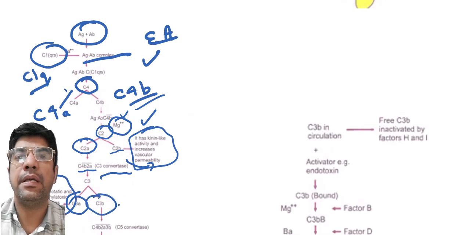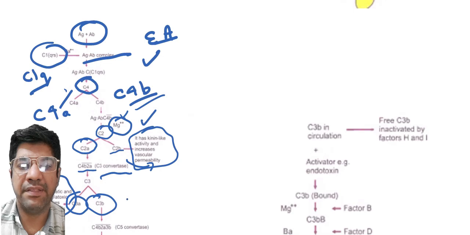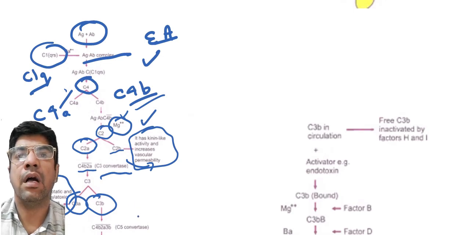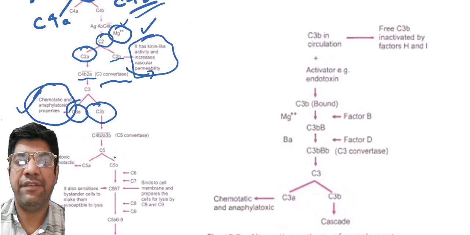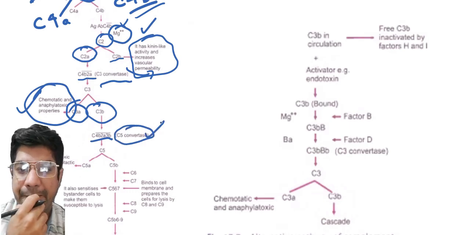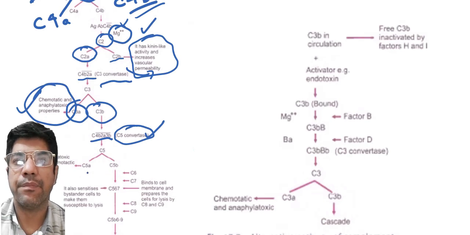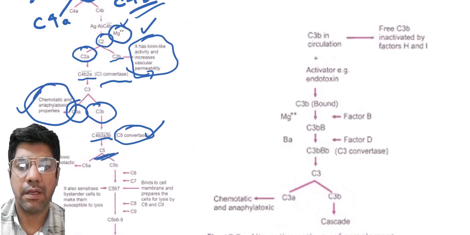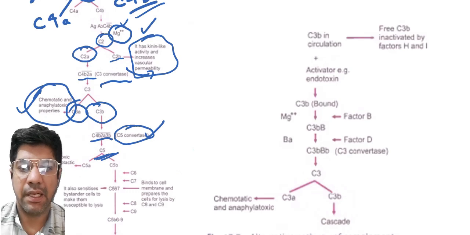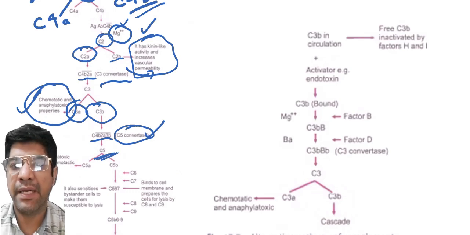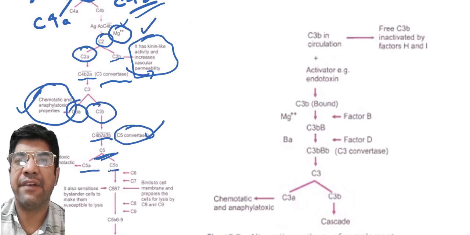And C3b remains cell bound along with C4b2a to form a trimolecular complex, C4b2a3b, that is known as the C5 convertase. The membrane attack phase begins with the C5 convertase cleaving C5 into again two fragments, C5a and C5b.